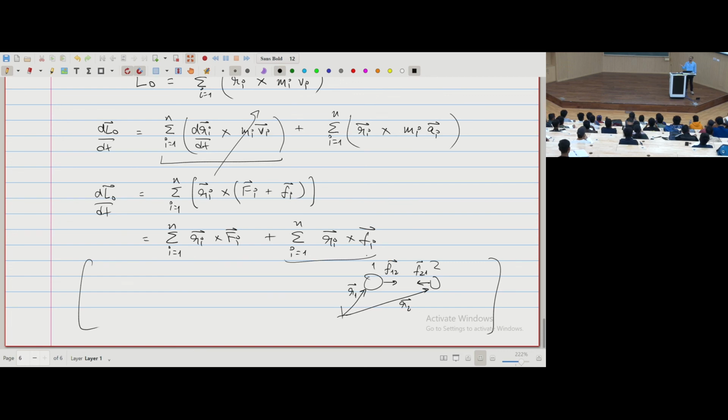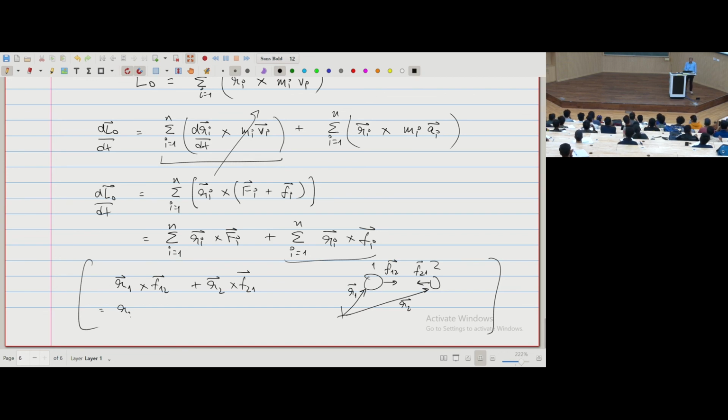Basically you can take all the internal forces and find the moment of each depending on where it is acting. So let's look at these two contributions. The first one is R1 cross F12, and the second one is R2 cross F21. We are trying to find those moment terms where you have F12 and F21. There may be other forces as well, but we'll consider them as pairs separately.